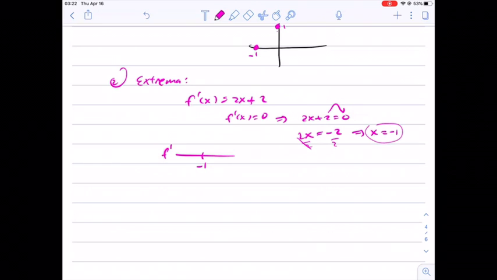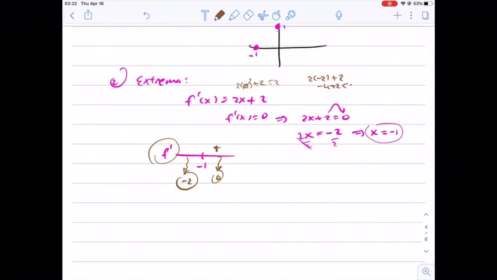So now we study the sign of f prime around -1. So we choose a value greater than -1, like 0, and a value less than -1, like -2. When we substitute 0 into f prime, 2 times 0 plus 2 is +2, so it's positive.